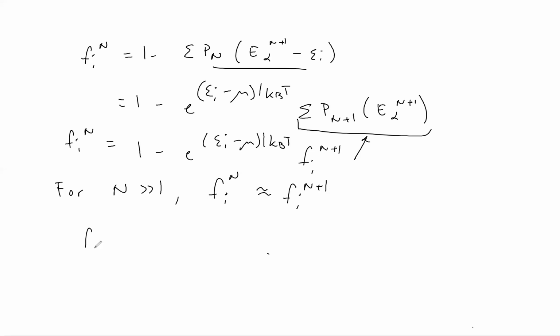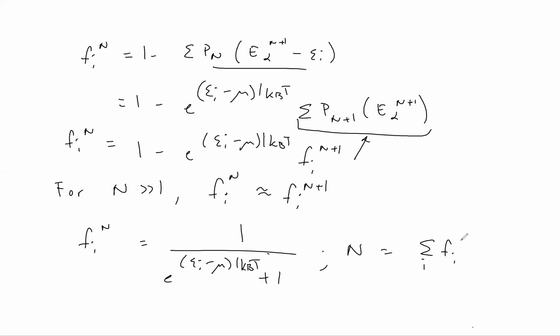So this lets us write down the Fermi-Dirac distribution where the total number of particles N is the sum of the probabilities that each of the individual levels is occupied.